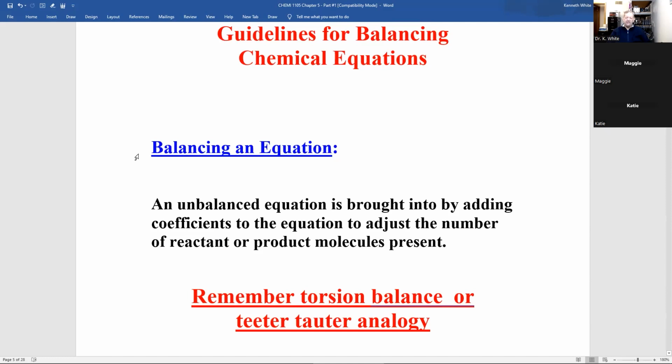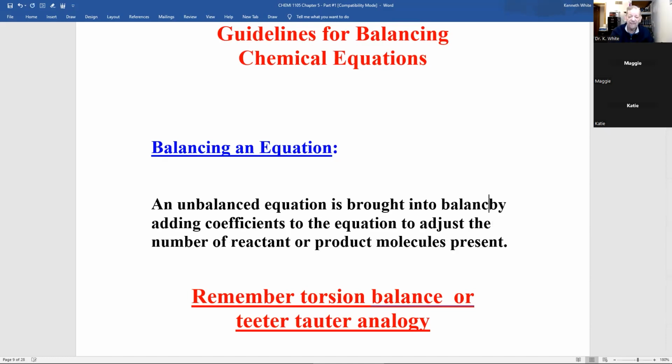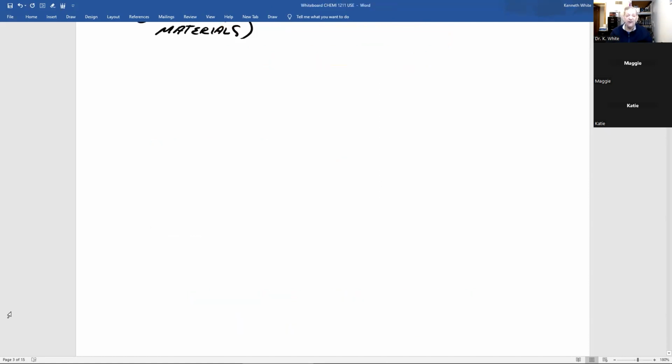An unbalanced chemical equation, I'll show you this, is brought into balance by adding coefficients, and I'll teach you what a coefficient is in a little while, to the equation to adjust the number of reactant and product molecules present. So what does this mean? Well, let's look at a chemical equation.